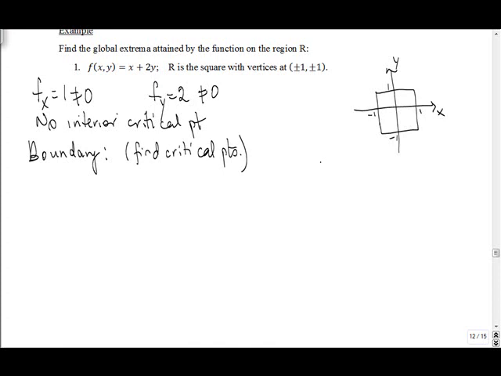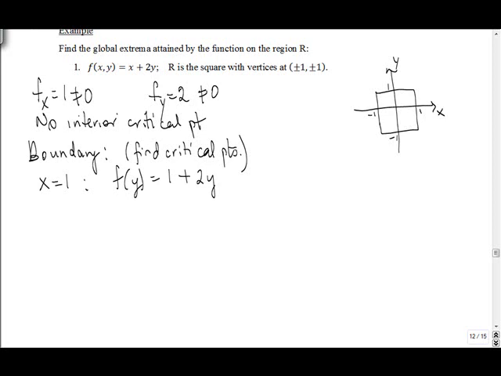So let's start with x equals 1, the one on the right. So take x equals 1 and put it into the function. So it becomes f of y equals 1 plus 2y.